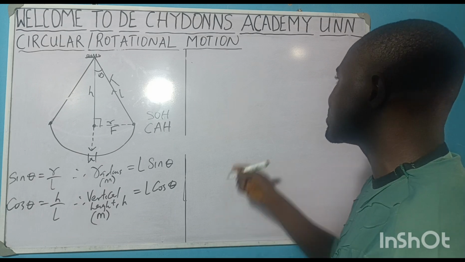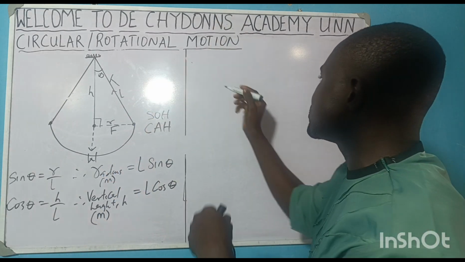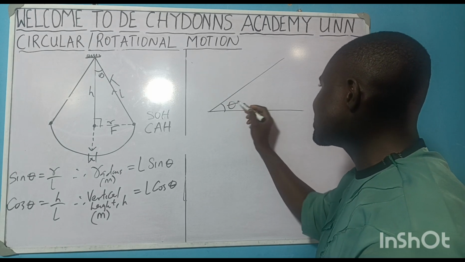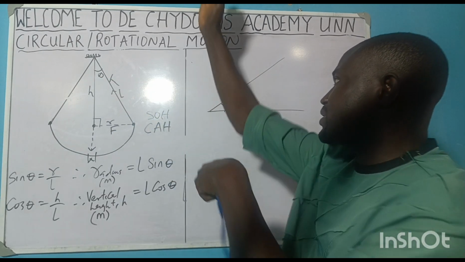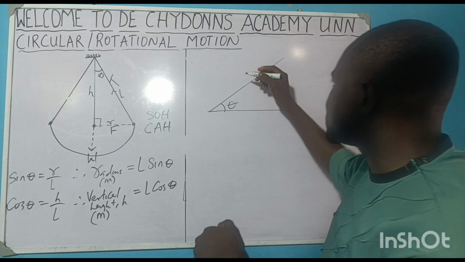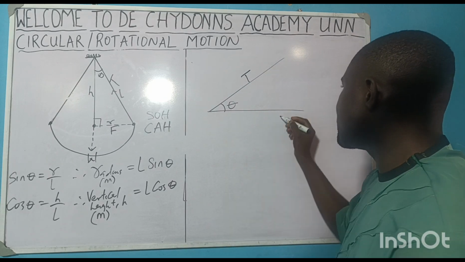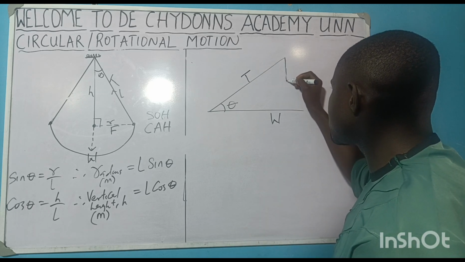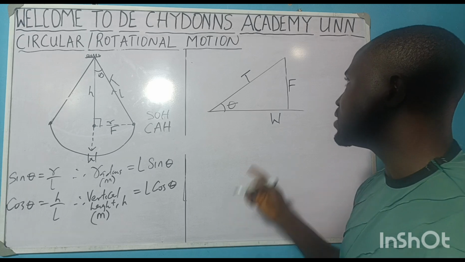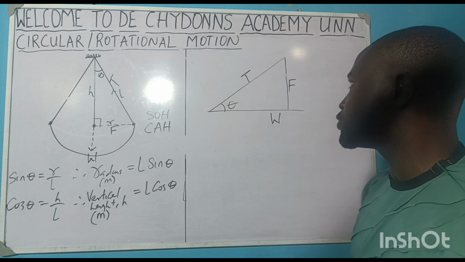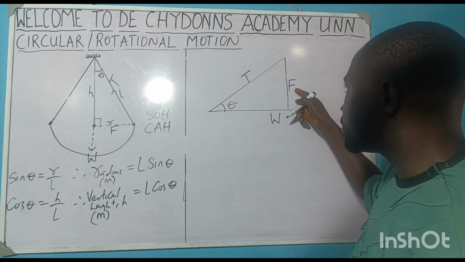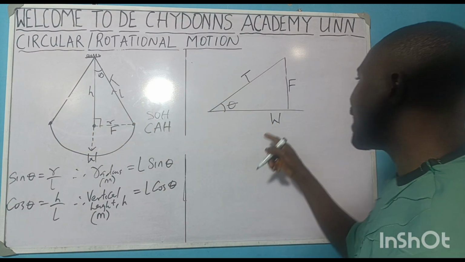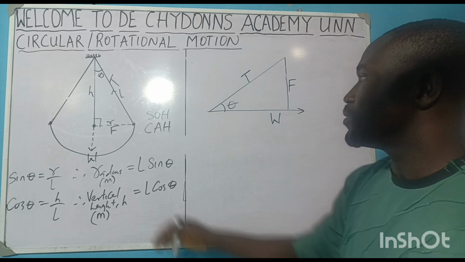If I rotate it like this, so that it will be easier for me to sort, here is my T, here is my W, and here is my F. These are forces: the tension, the centripetal force directed towards the center, and the weight of the body.